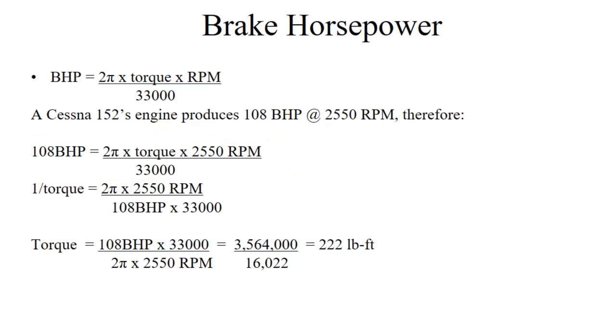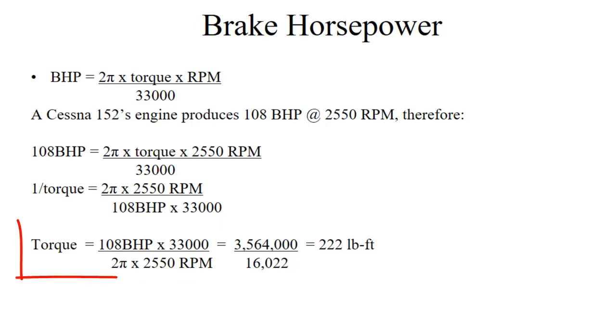If we solve for torque, then 1 over torque equals 2 pi times 2,550 divided by 108 brake horsepower times 33,000. So we've moved the torque over to the left side of the equal sign and the horsepower down to the right side on the bottom.